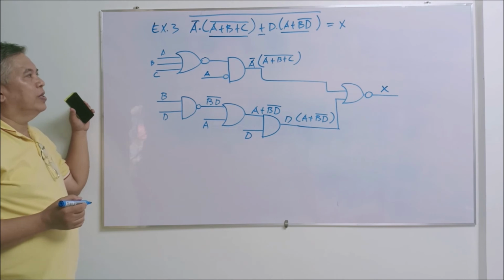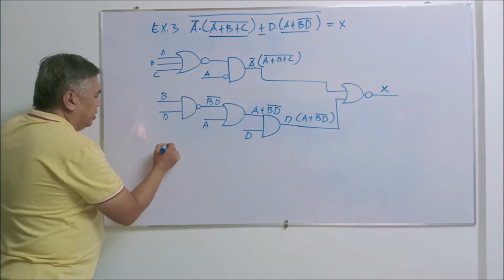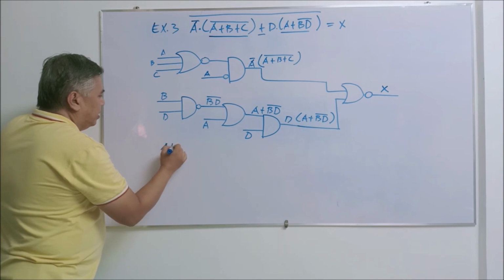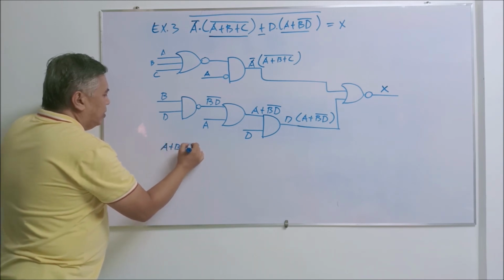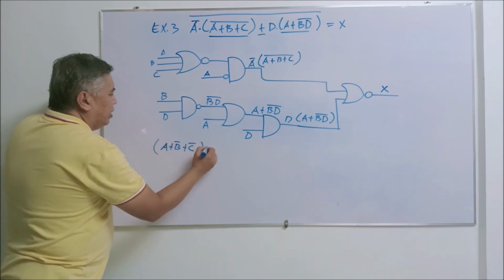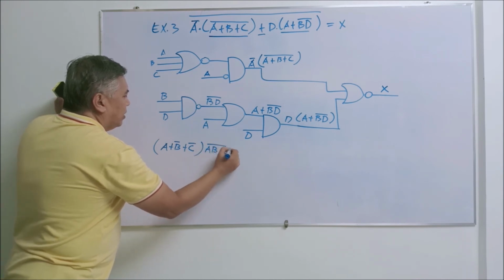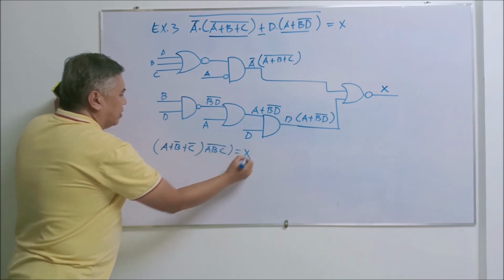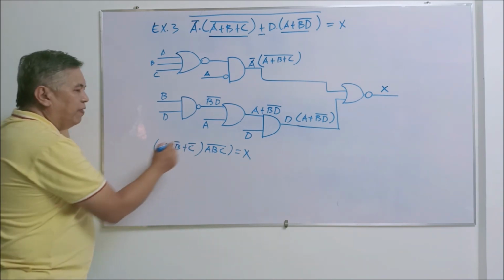Okay? So, let me give you another example. Let's say you have A plus B plus C complement, like that. Then multiplied to A, B, C complement is equal to X. Okay? So we have here complements on each variable.